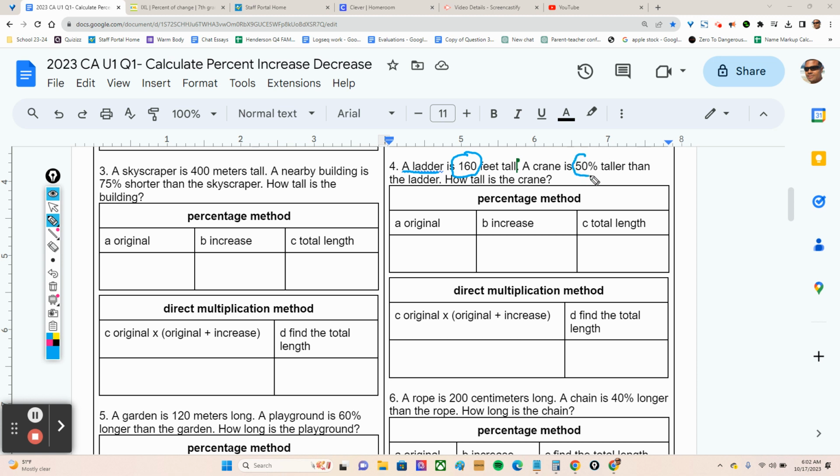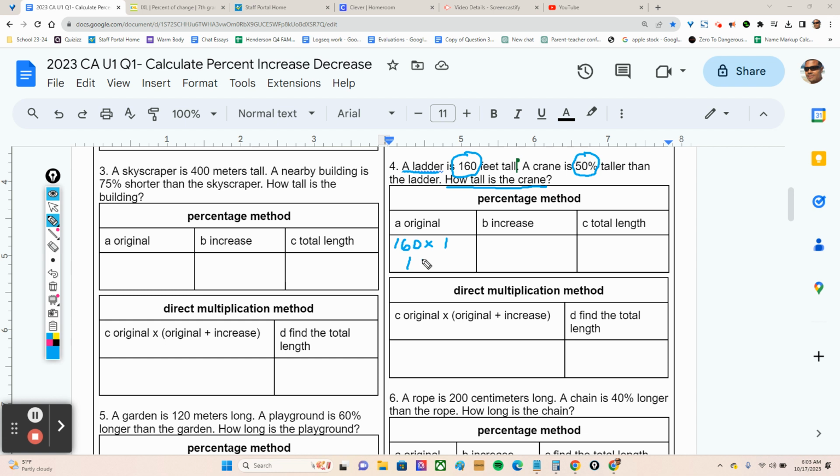All right. Those are two pieces of information, and they want us to know how tall the crane is. First we take our original height: 160 times 1.